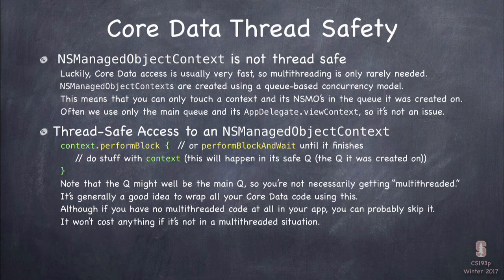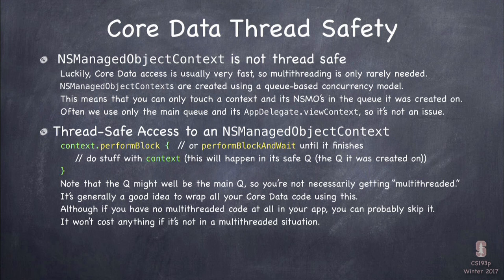Don't get confused, this method does not dispatch or cause background threading. This is just making sure that that closure executes on the right queue. So this is a way that you can kind of be safe. And some might argue you should put perform block around every single call to every core data thing you ever do, because that will assure that you'll never have a problem where you're accessing the context not on its queue, if you accidentally got some bad code.